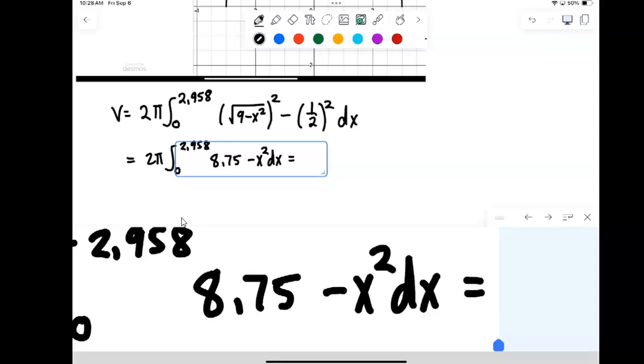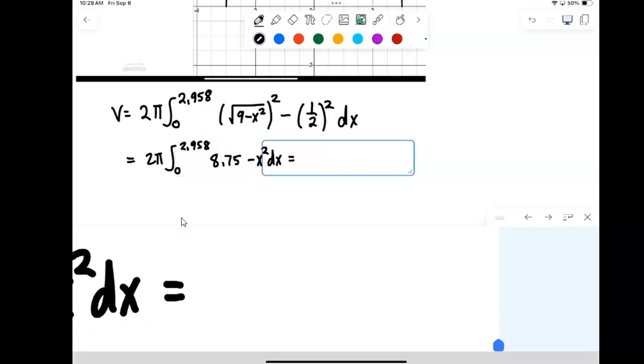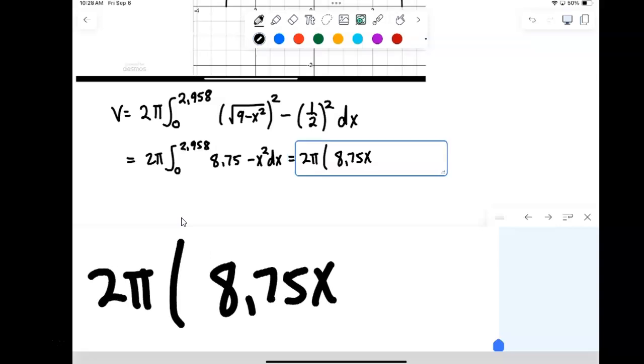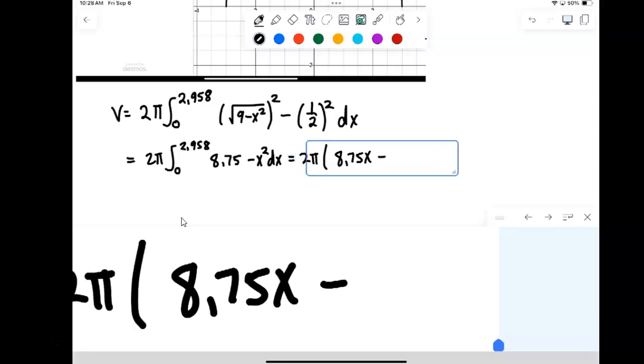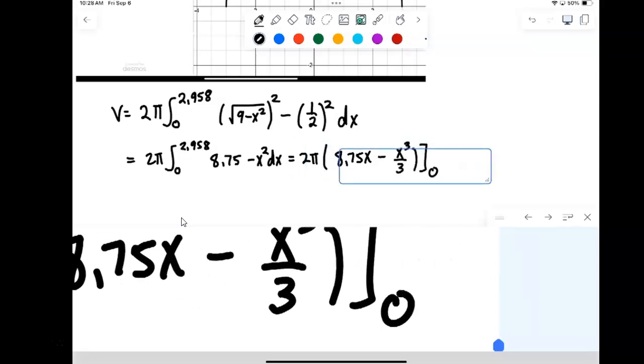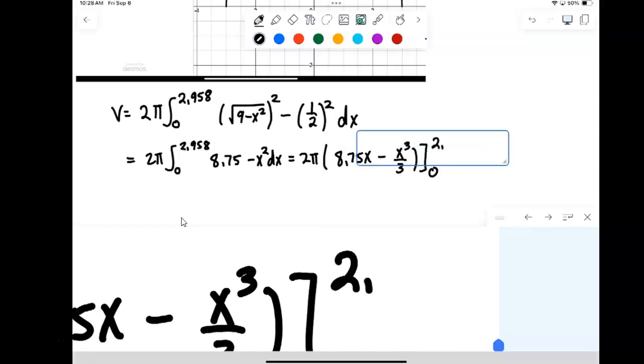And then we do our integral. So 2 pi on the outside. And that's going to be 8.75x minus x cubed over 3, evaluated again between our two endpoints, 0 and 2.958.